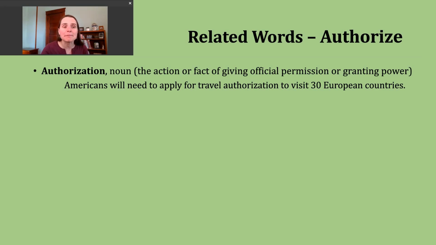An example of this might be Americans will need to apply for travel authorization to visit 30 European countries. This is a new rule. I can't remember exactly when it starts, but something true, right? We're going to need permission in order to travel abroad to these particular places.